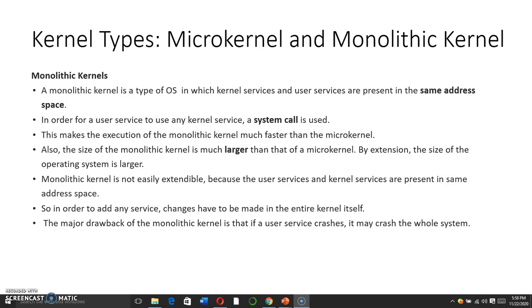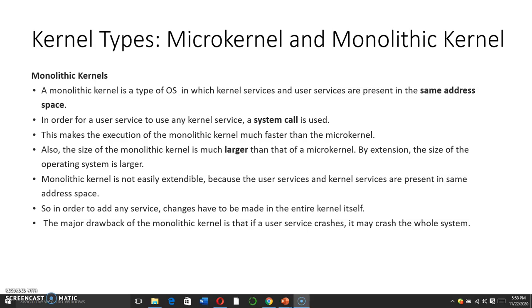Anything that has to do with the system, a call is initiated. Now, instead of passing messages, the authoritative instructions for the system, which are called system calls, are used in monolithic kernels. This makes the execution of the monolithic kernel much faster than the microkernel, obviously, since they are using the authoritative instructions for the system calls.